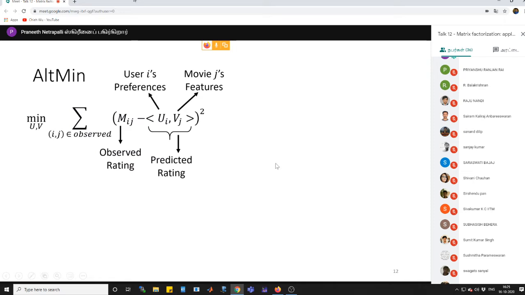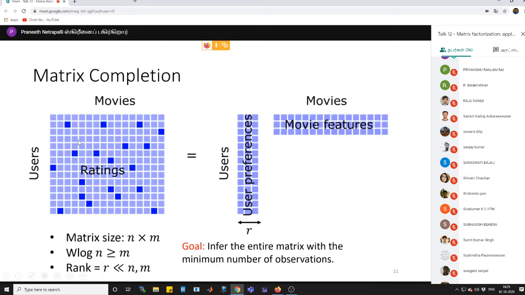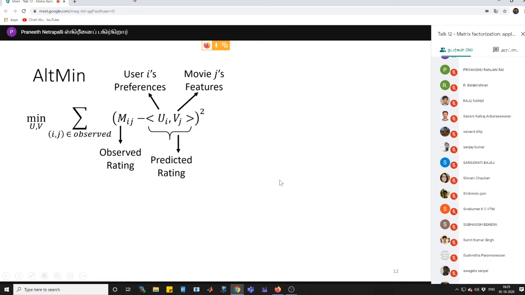So how does alternating minimization solve this problem? It writes this optimization problem where you want to minimize over U and V of the appropriate dimension, right? Here U will be an n cross R matrix, and V transpose will be an R cross m matrix. Okay, so the product will be an n cross m matrix.